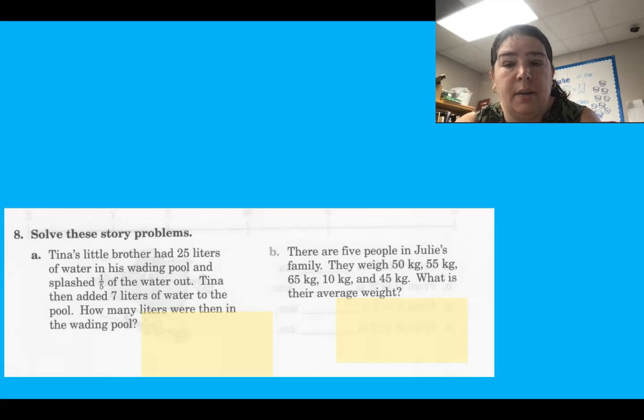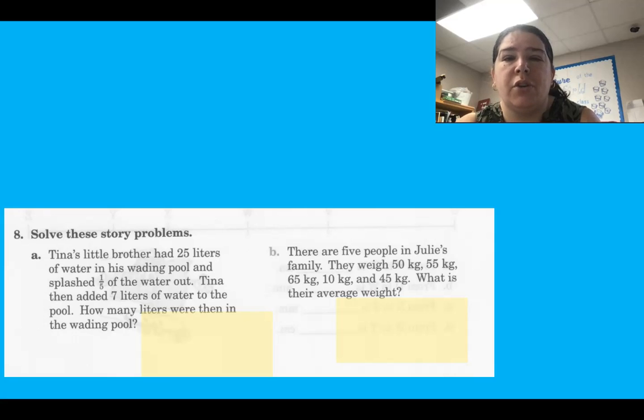When we divide by how many addends? 1, 2, 3, 4, 5. Divide by 5, your answer should be, let's do the division. Good, very nice, very quick too. 45 kilograms. Now you're going to write 45 kilograms average weight.